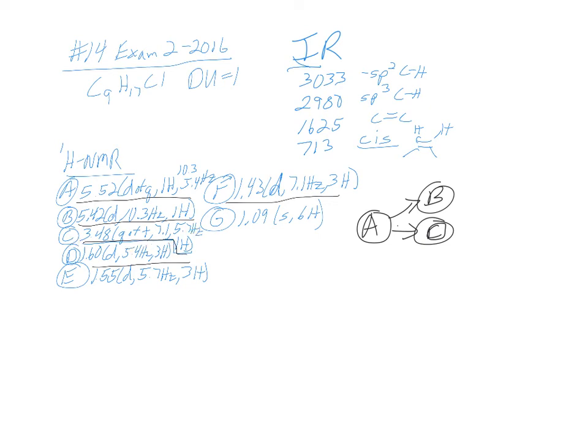What is C coupled to? 7.1. Who's C coupled to? C is coupled to F. And who else? 5.7. It's coupled to E. D is coupled to A. We have anybody left? We covered.